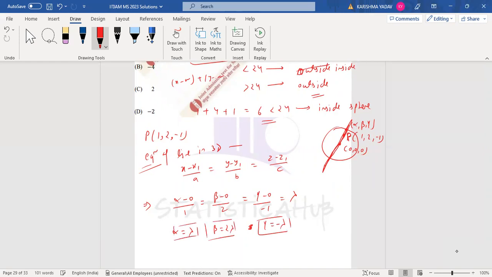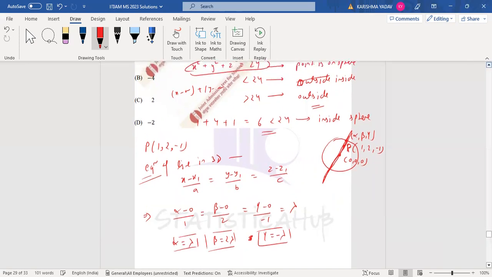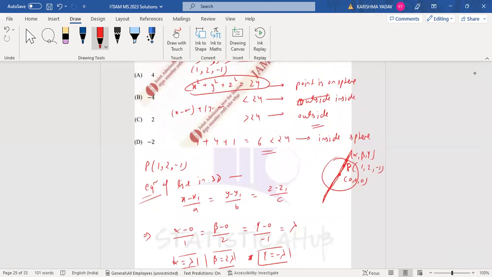We know that every equation is satisfied by the points on it. As this point is lying on the sphere too, it will satisfy the sphere equation.